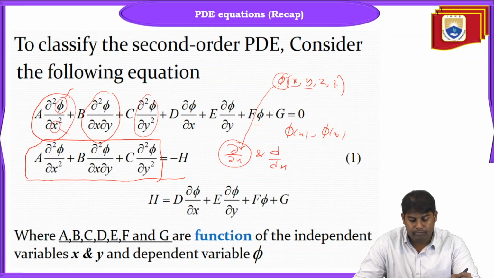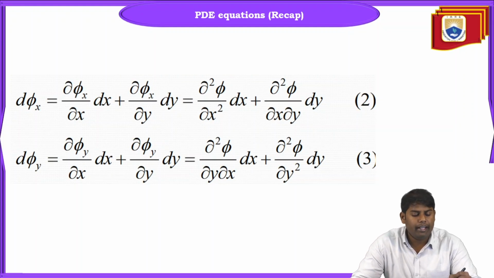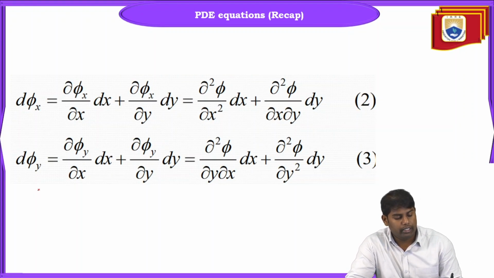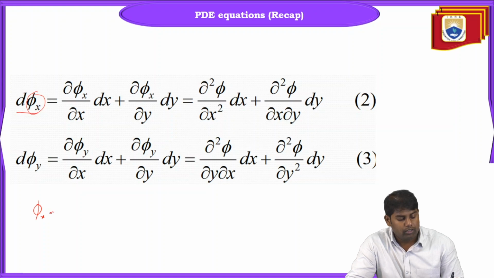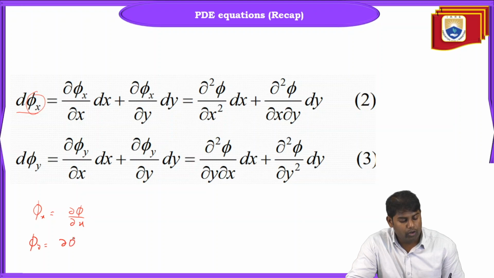We had seen this already. We again take the chain rule for phi of x, which is dou phi by dou x, and for phi of y, which is dou phi by dou y.